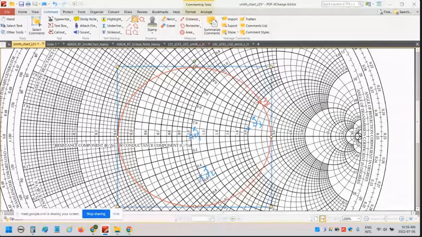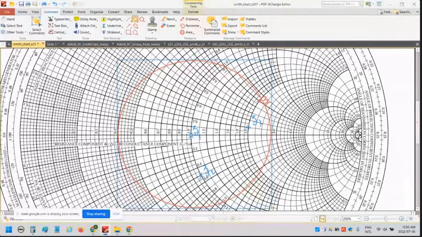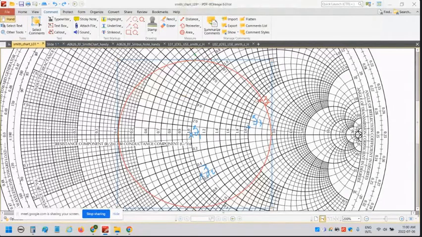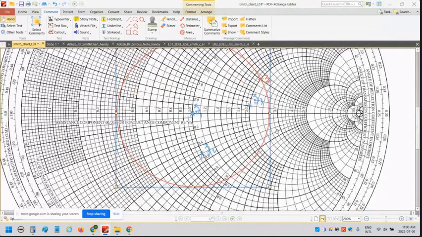So I need to make it bigger. My lecture today is very slow because you need to follow the steps. This one must be the center, so I got this.